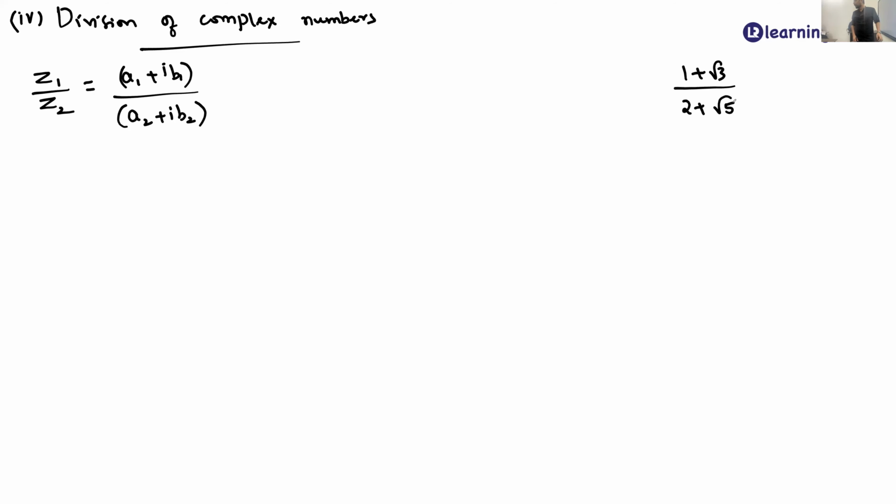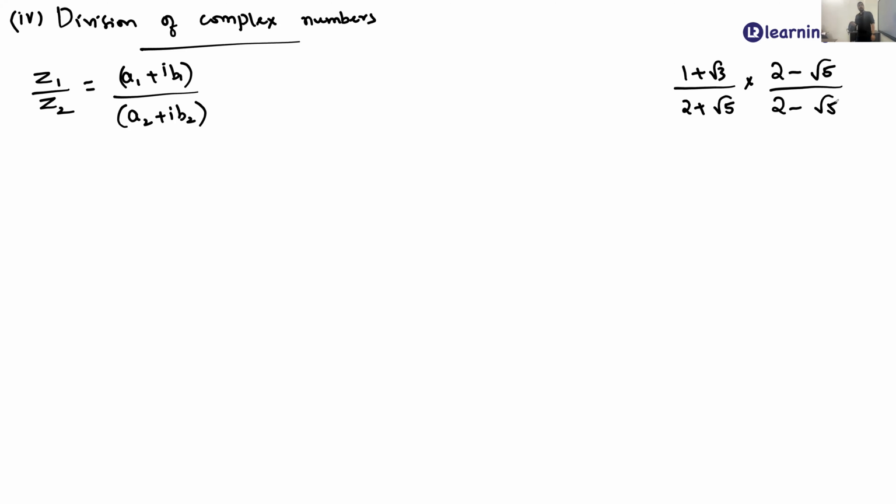So what will you do? I will multiply with 2 minus root 5 in both numerator and denominator. Basically, this operation is called rationalizing, because we are converting an irrational form to a rational form.